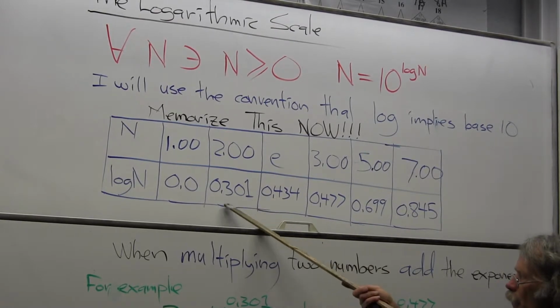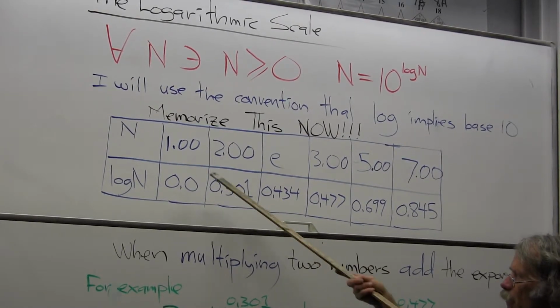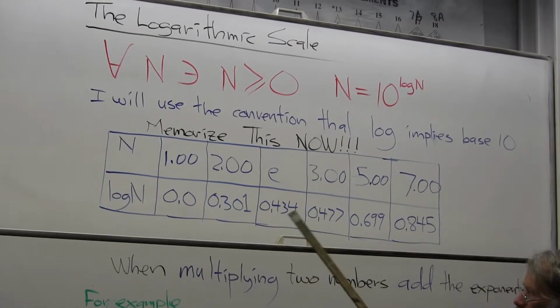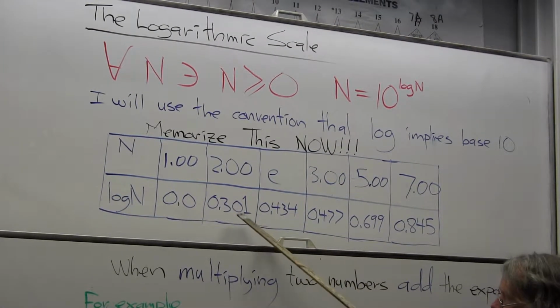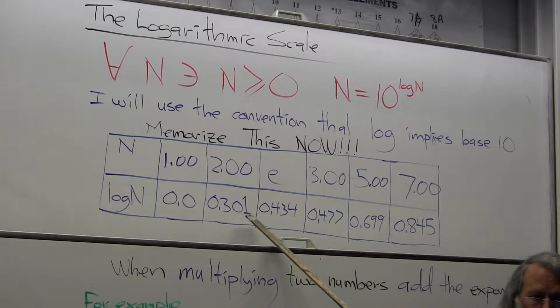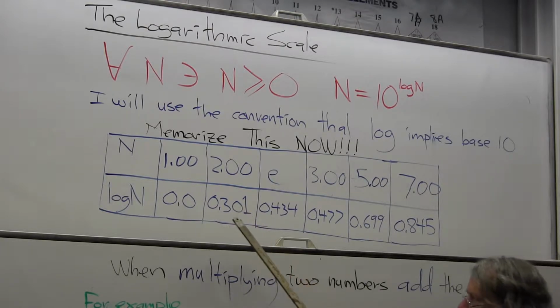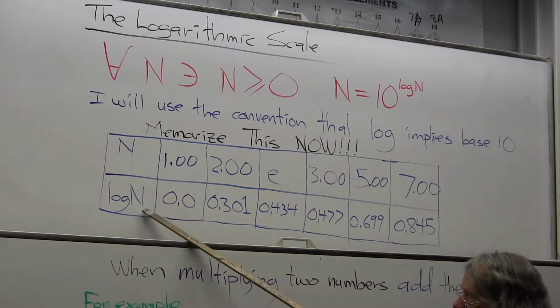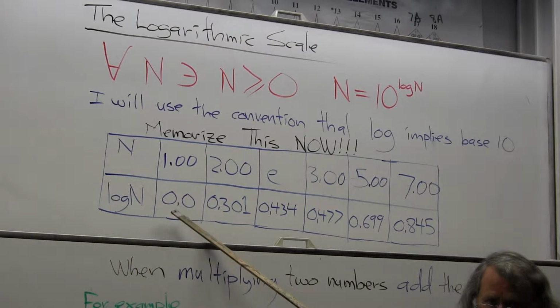This has 3 significant figures in it. In other words, if the log has 3 significant figures, that's as far as I want you to carry it. Okay. Now, for n equals 1, the log of n is 0.